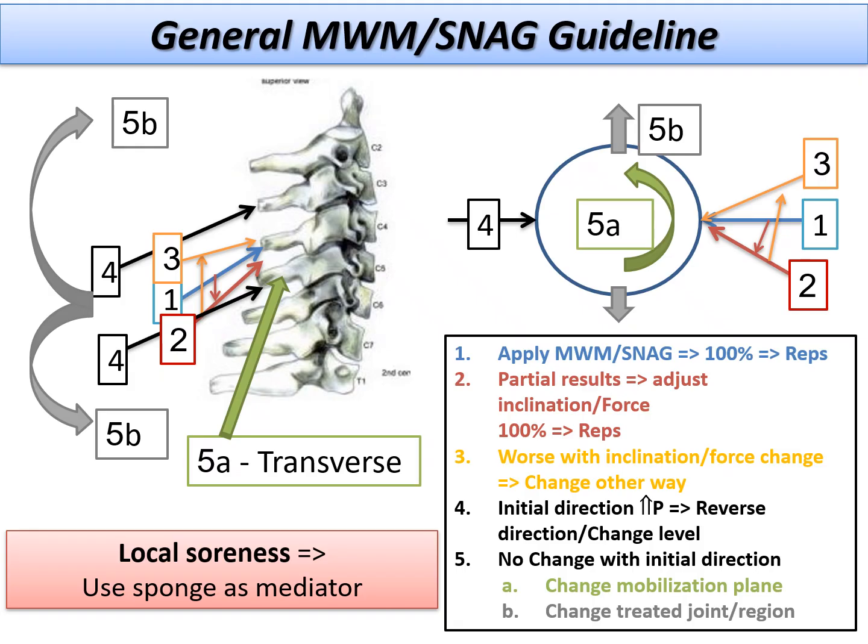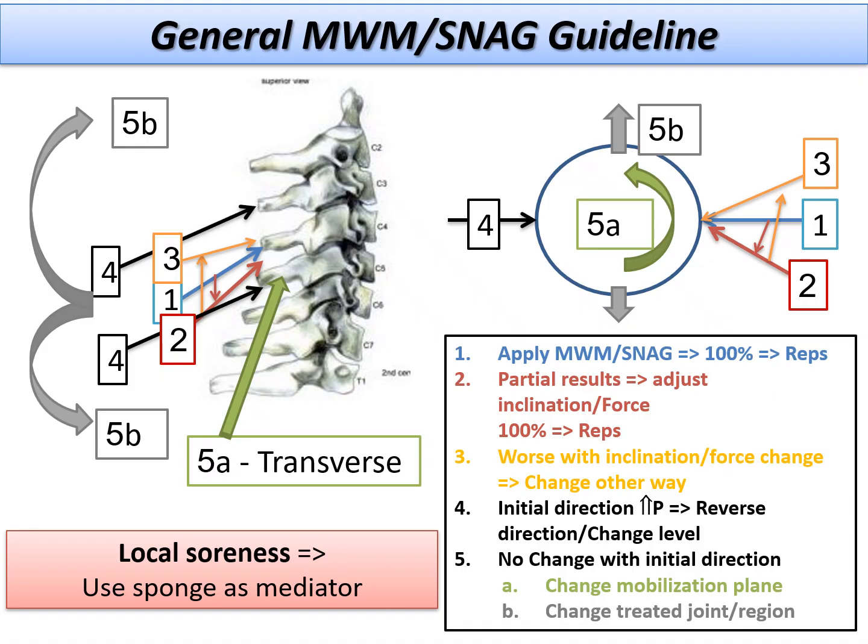If the patient reports that the movement is pain-free while MWM is applied, we continue with repetitions as previously discussed. If the patient's response to the initial direction and force is partial relief of symptoms, we should slightly adjust them. We can either adjust our force or force direction. When adjusting force, remember, it's not always the stronger the better. Use common sense and sensitivity.